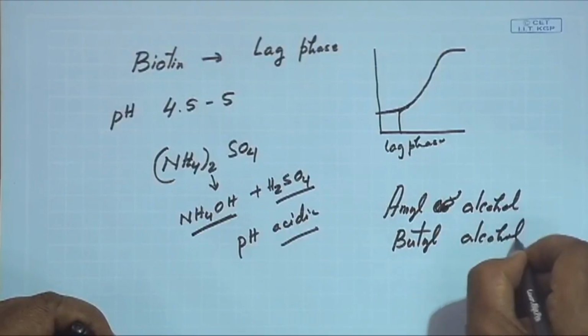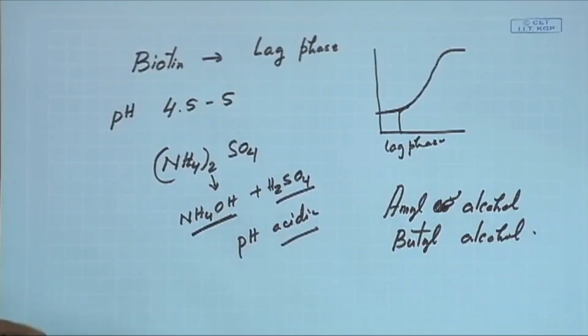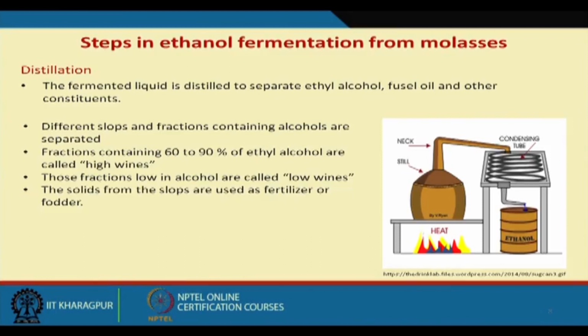So different types of alcohol are produced. These are the higher alcohols. This causes bitterness in the beer, but it is very much useful when we use this as power alcohol, as it increases the Citter number. So different slops and fractions containing the alcohols are separated.